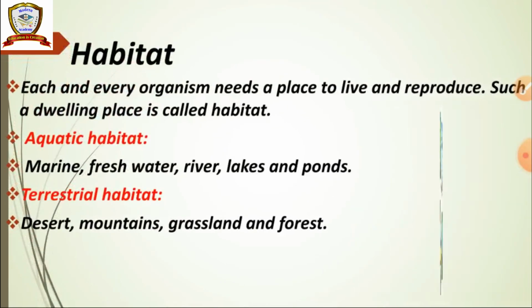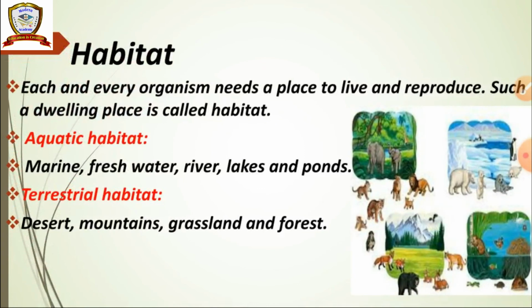Habitat. Each and every living organism needs a place to live and reproduce their young ones. This place is called habitat. This habitat is further divided into two types, aquatic habitat and terrestrial habitat. The place which is covered by water is called aquatic habitat, and the place which is covered by land is called terrestrial habitat.